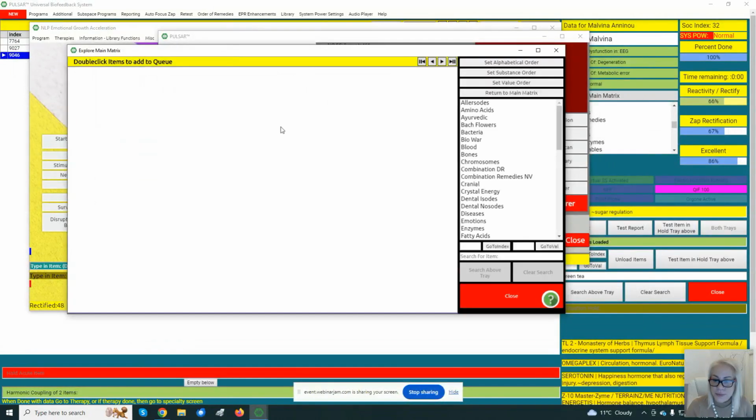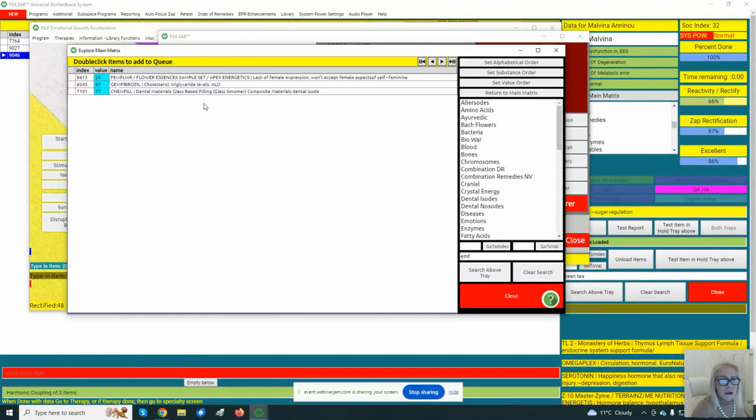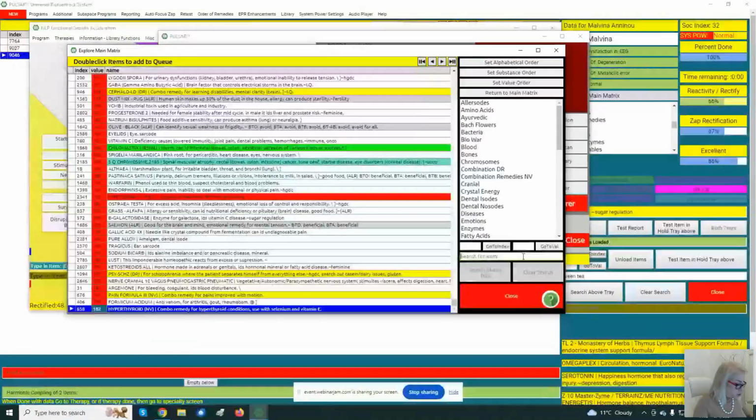let's take a look at EMF and see if something comes up. No. Radiation.